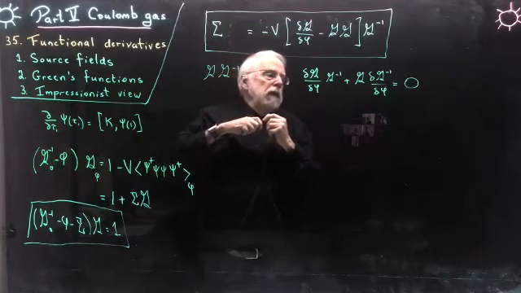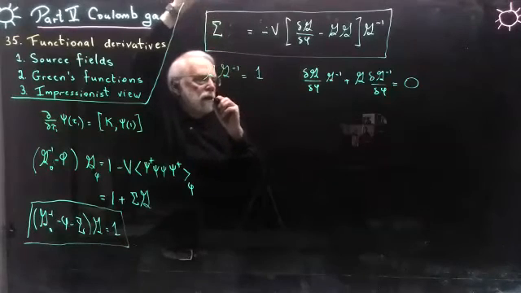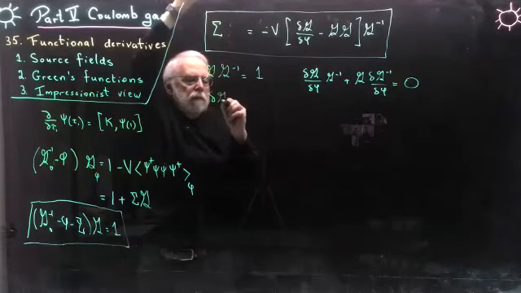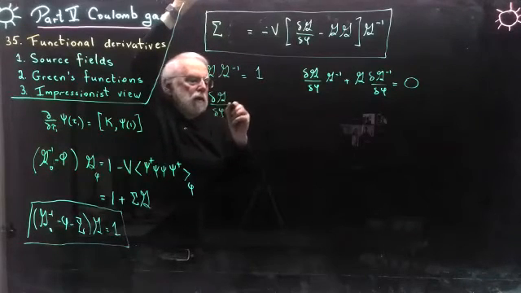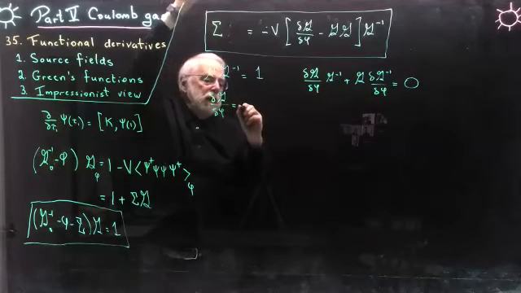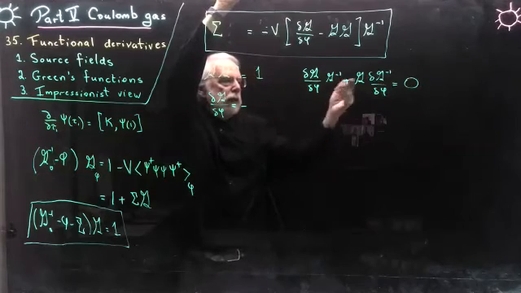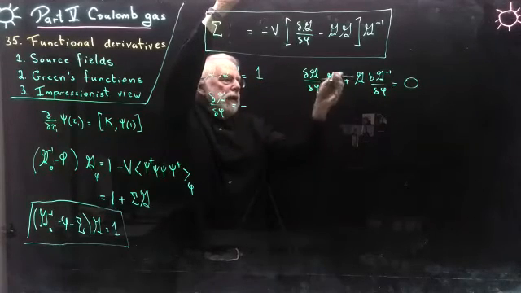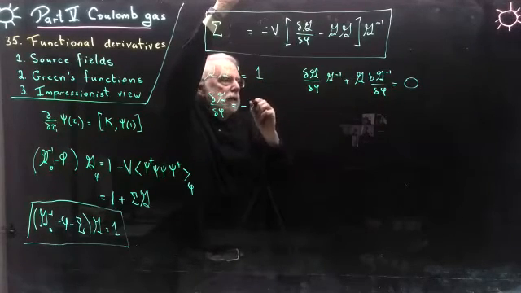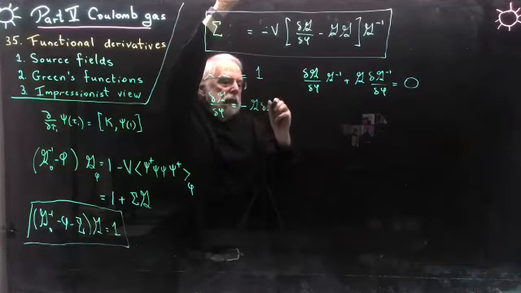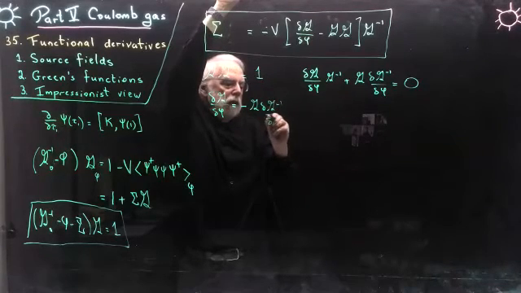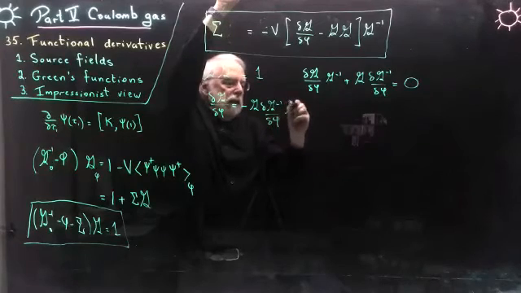So delta G delta phi is equal to minus, so I will multiply by G. So delta G delta phi multiplied by G here is minus G delta G minus 1 delta phi times G.